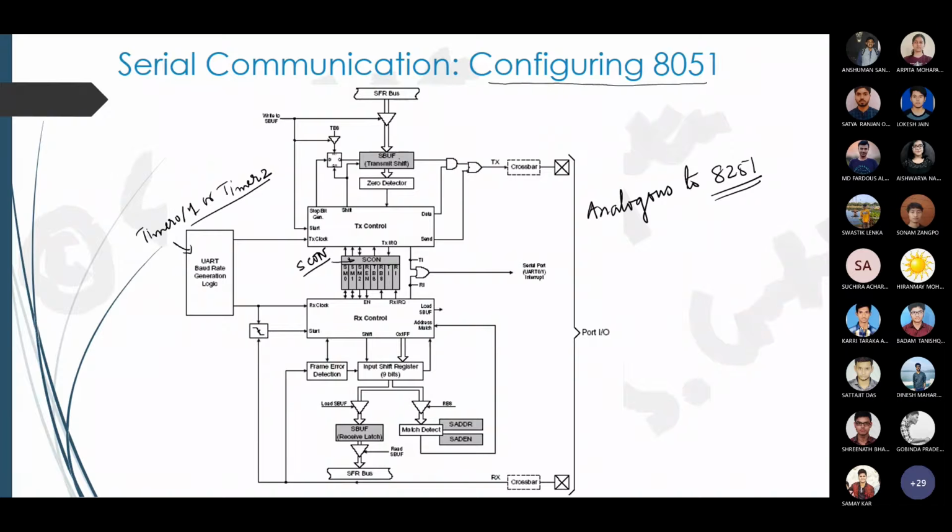We also have different frame error detection units, so we can use the status of that from there. And just like in the 8251, where we had to set the address and all, we do not need to set that. So this is one advantage which reduces our effort.